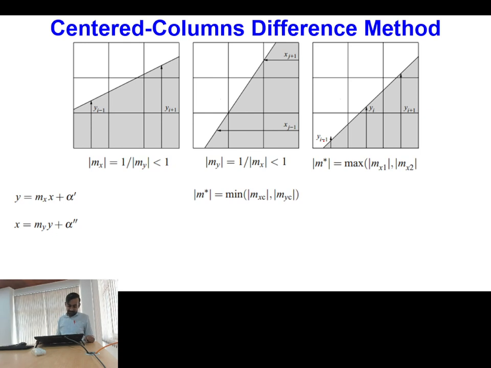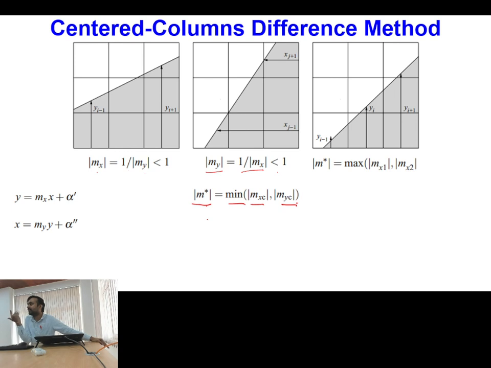Then what is done if the situation is like this, that mx is equal to 1 by my, which is less than 1. The second situation can be my is 1 by mx, which is less than 1. So typically, if you are calculating using the cell-centered approach, then m star is considered as the minimum of xc and yc, and using this m star you reconstruct the interface profile.